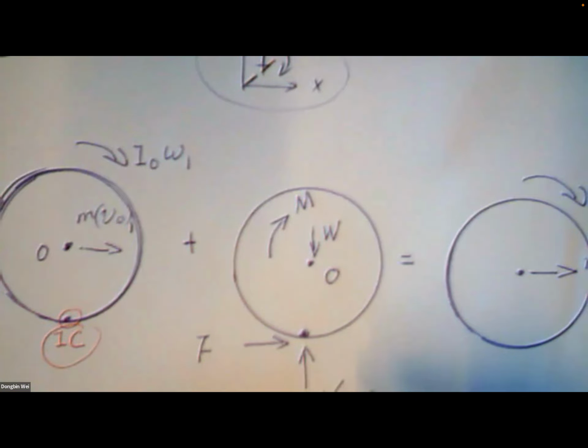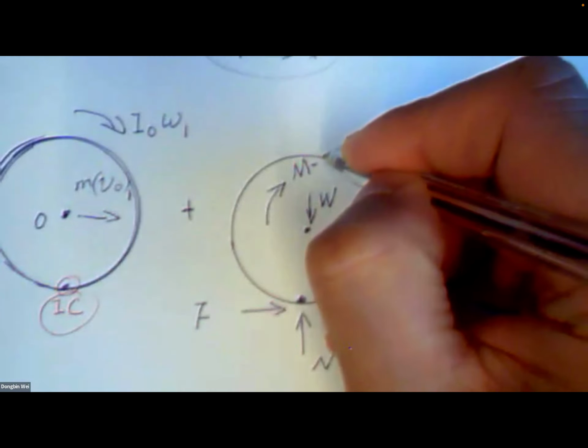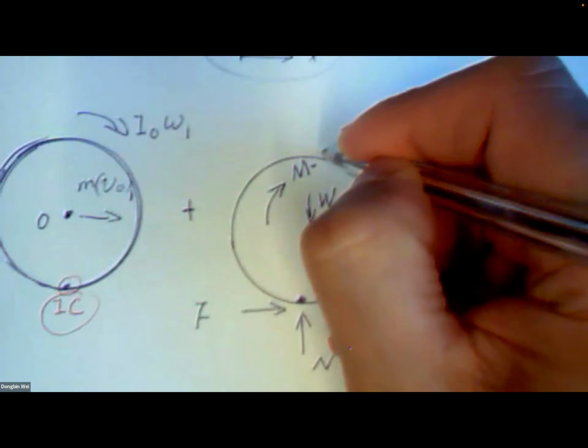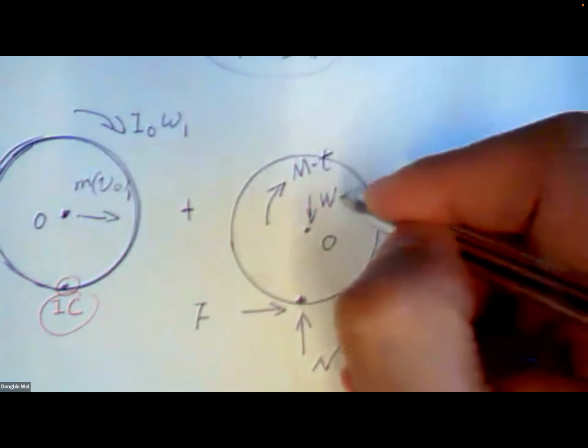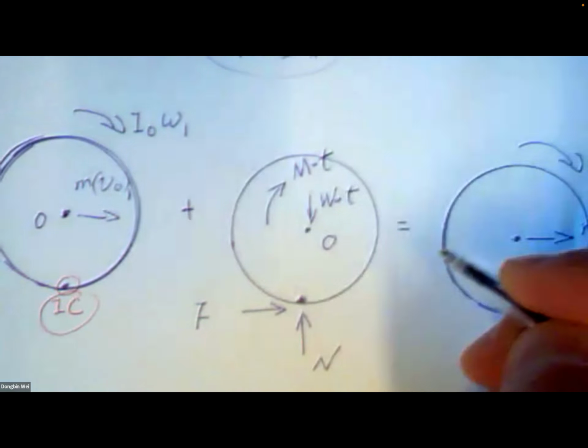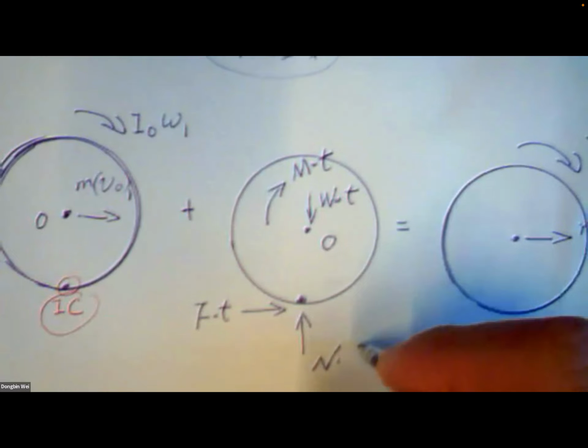But remember, this is an impulse diagram, not a free body diagram. So we must indicate the impact, and this will be M times t, and so on times t.